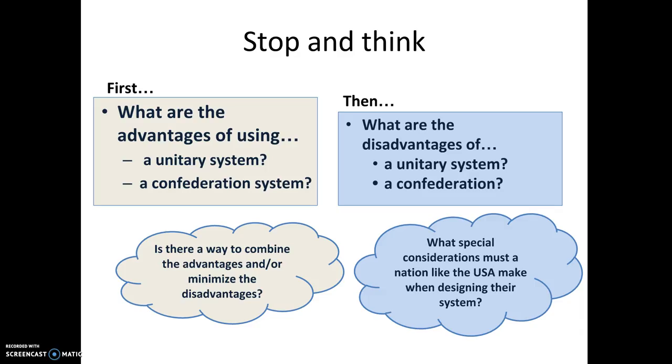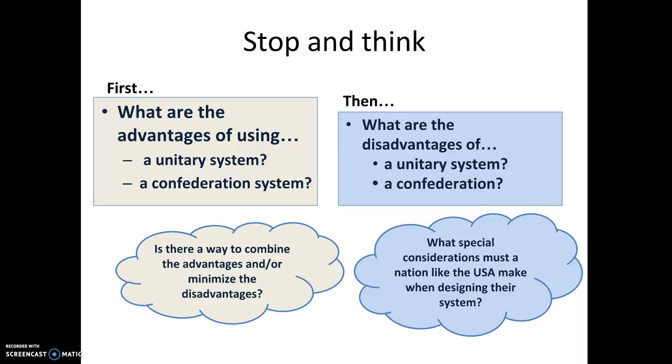So I want you to stop and think for a moment. You can pause the video and think about advantages and disadvantages of these two alternatives to federalism. As you think about the good things and bad things that come from using a unitary system, and the good things and bad things that come from using a confederation system, you are essentially thinking through the same problem that the people who designed our Constitution thought through when they designed federalism.